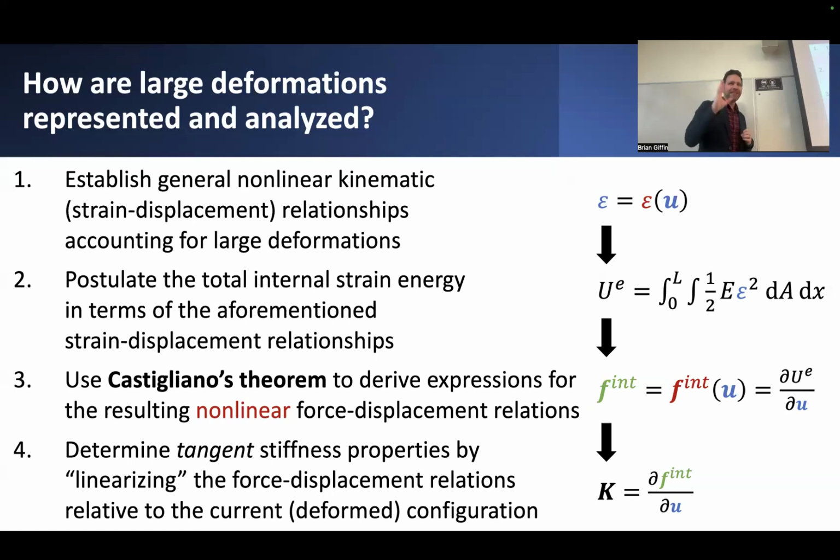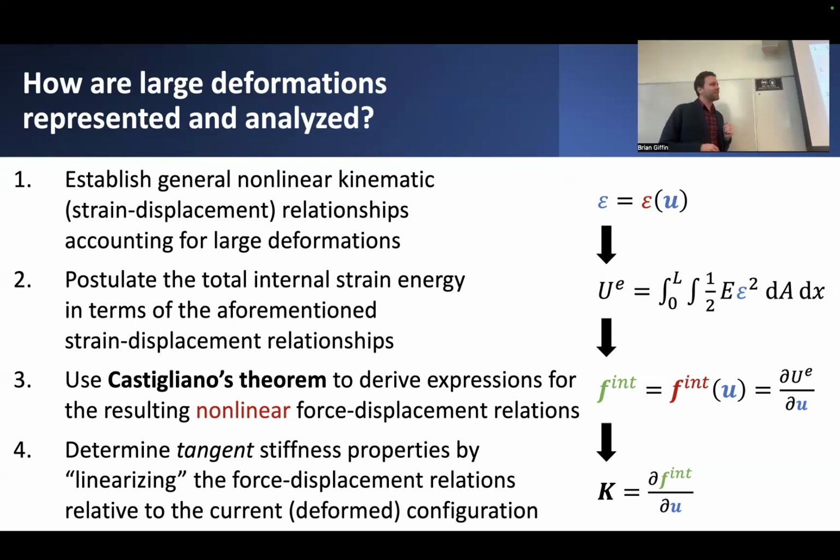We'll focus in really just on truss elements and take as our basis the expression that we derived several weeks ago for this nonlinear relationship between strain and displacement, use that as our starting point, and then proceed, as we discussed last lecture, in deriving these expressions for internal force and stiffness by postulating some internal strain energy that depends upon this chosen nonlinear measure of strain.